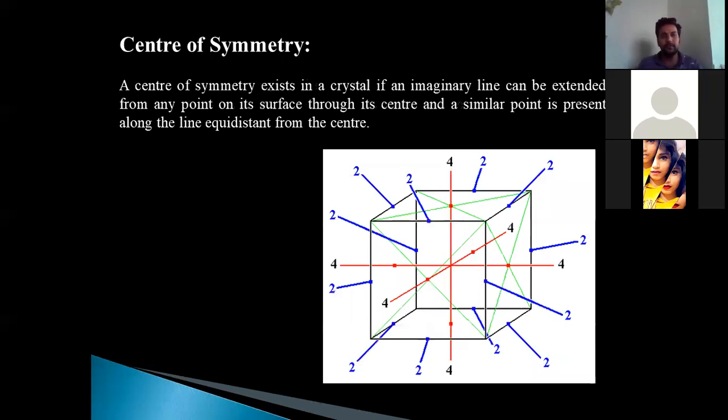Center of symmetry. This is the third and the last element of symmetry. A center of symmetry exists in a crystal if an imaginary line can be extended from any point on its surface through its center, and a similar point is present along the line equidistant from the center. So here it is very important to understand how the center of symmetry is defined.